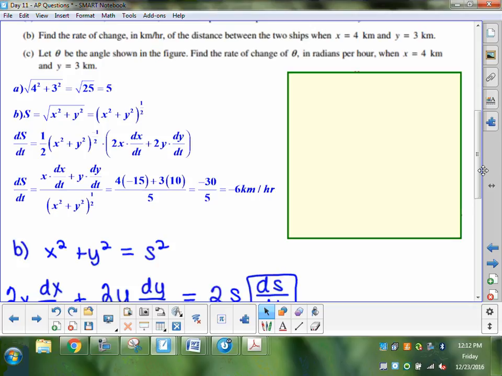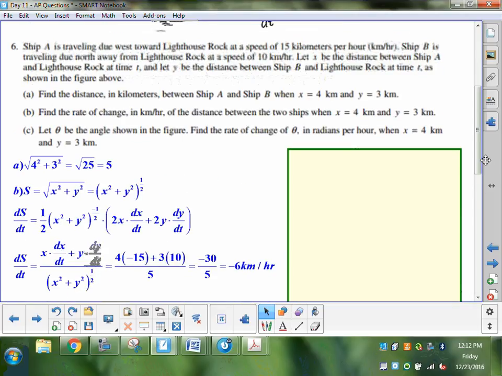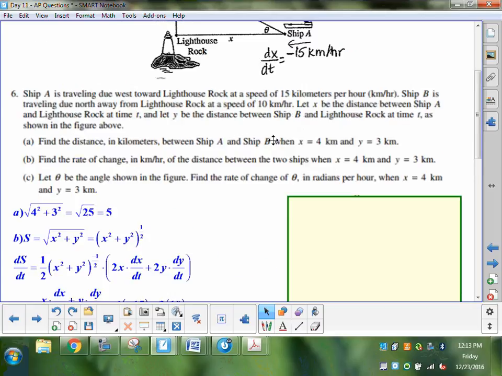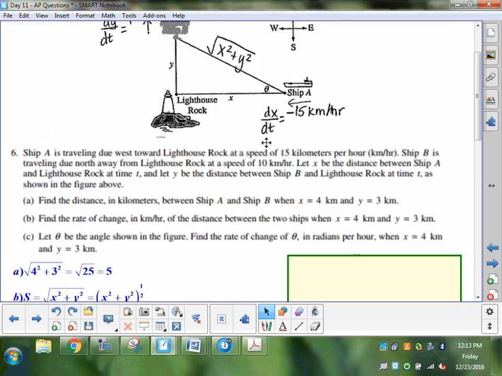Now, we've got one last one to do, which is we need to let theta be the angle shown in the picture. Find the rate of change of the angle in radians per hour when the x is 4 and the y is 3. Now, I'll say this. Some people actually did this a different way, because you could use any trig function you want, because you're trying to find the rate of change of the angle shown in here, which would be this angle here.